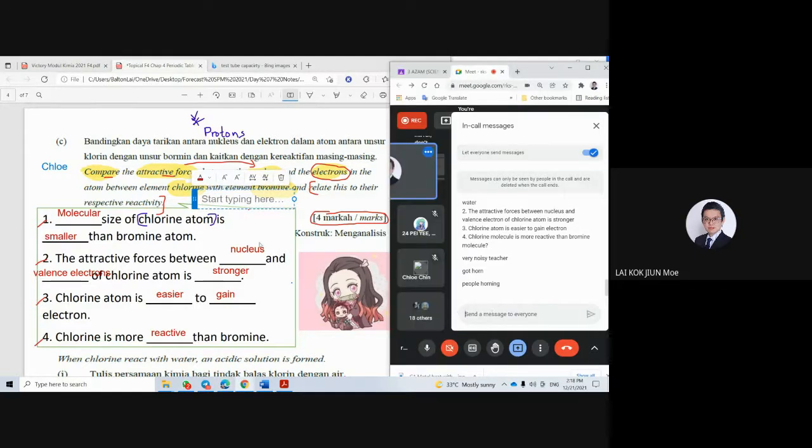Can anyone help with this question? We can add one more explanation for the proton in chlorine and bromine atom. Can we add any words inside? Can anyone try?